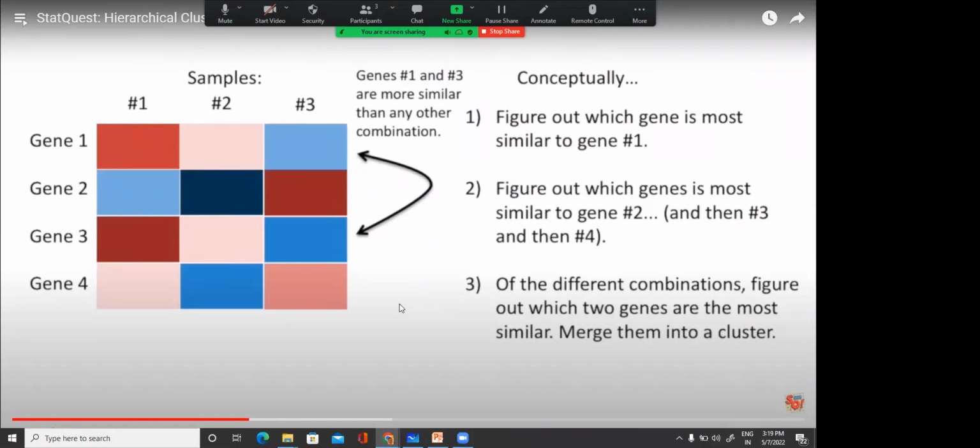Any guesses? So in sample 1, you have to see which 2 colors are similar. In sample 2, which 2 colors are similar. In sample 3, which 2 colors are similar. In this column, which 2 colors are similar. In this column, which 2 are similar. And in column 3, that is sample 3, which 2 colors or which two rows are similar.